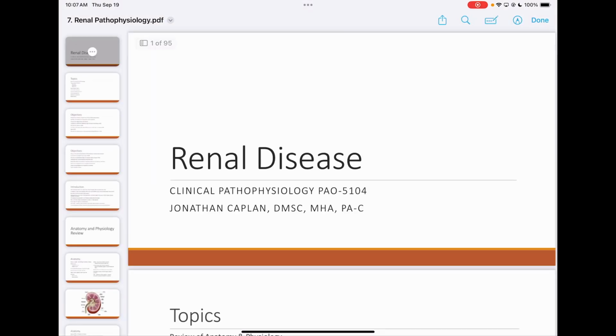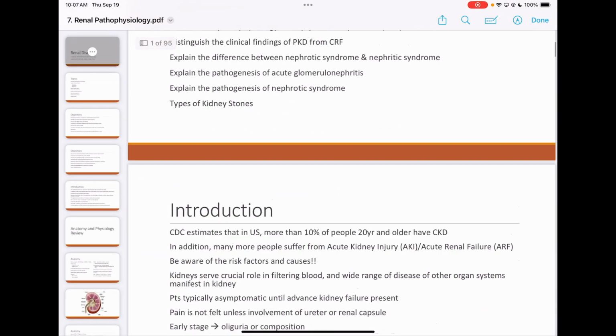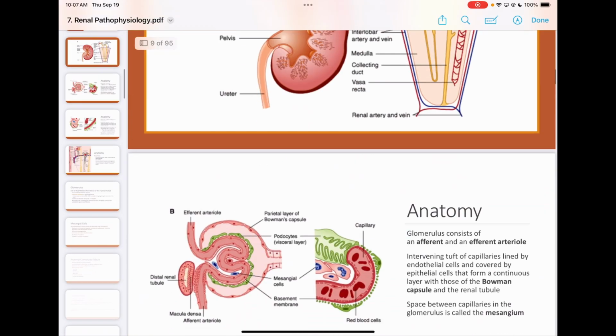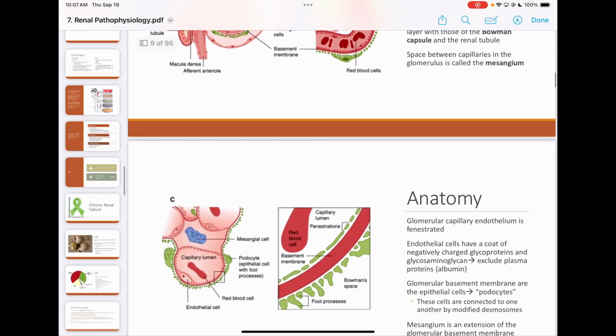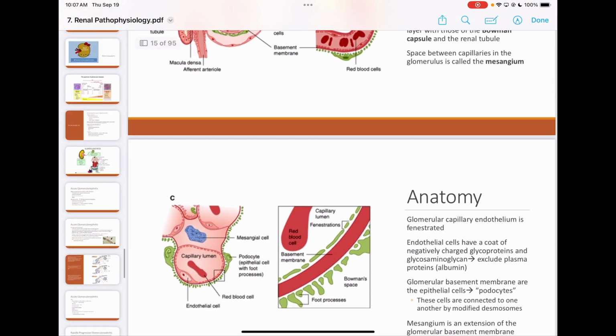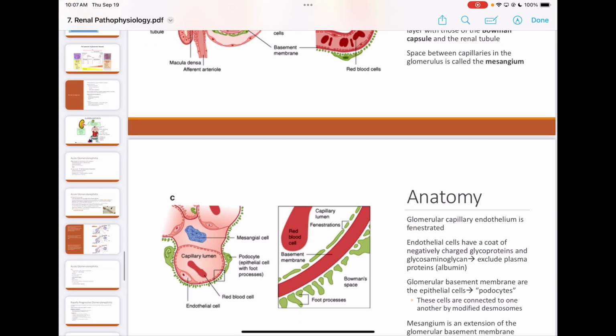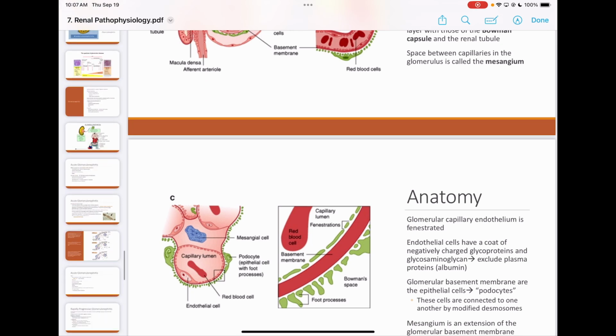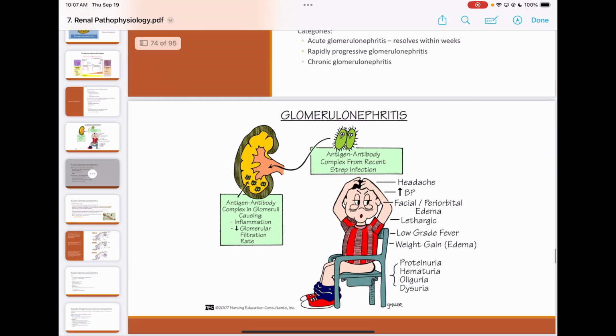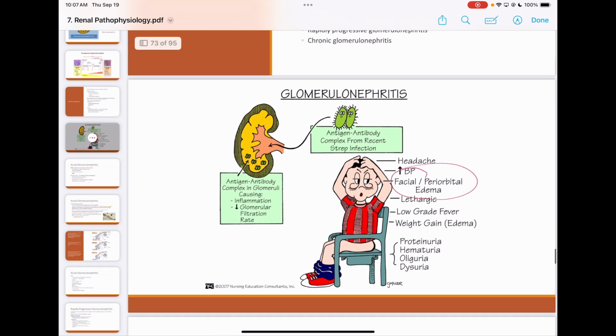Facial periorbital edema they may get. Why? Why do they get swelling? What's going on in the blood or in the urine? What are we losing in the urine? Small amounts. Protein. So if we're losing protein in the urine, where is it not?